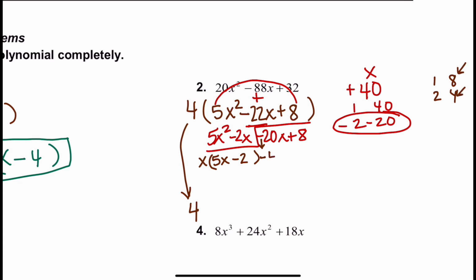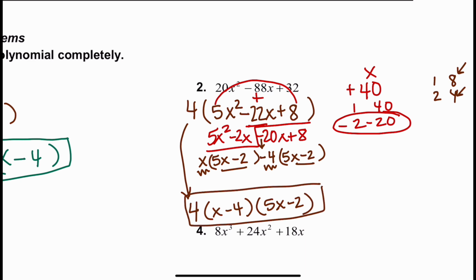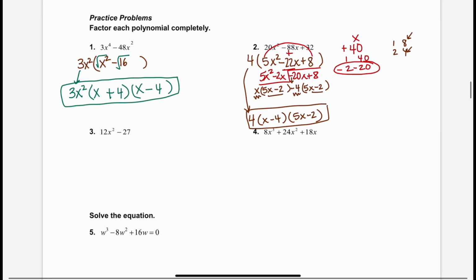So 4 is the biggest number that will go into both. So if I divide negative 20 by negative 4, I get 5x. 8 divided by negative 4 gives me a negative 2. And we know we did it right if these 2 are the same, unless we just copied it down. My first factor is going to be the x minus 4. And the second factor is the 5x minus 2. And that would be a fully factored trinomial.